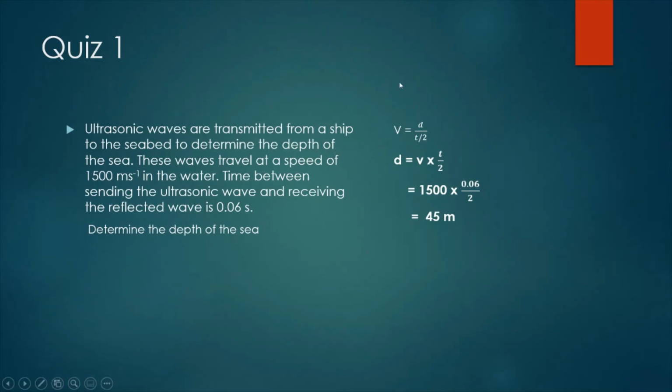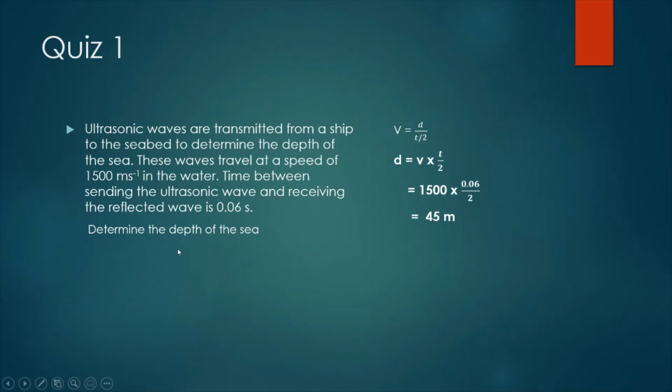Okay, let's look at this question. An ultrasonic wave is sent out by a ship into the seabed, and the speed of the wave is 1,500 meters per second, and the time between sending of the wave and receiving of the wave is 0.06 seconds.